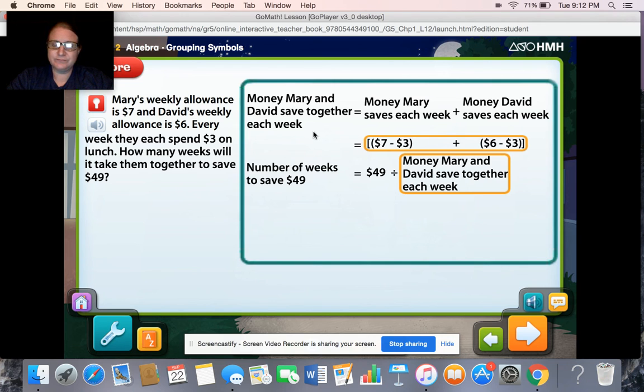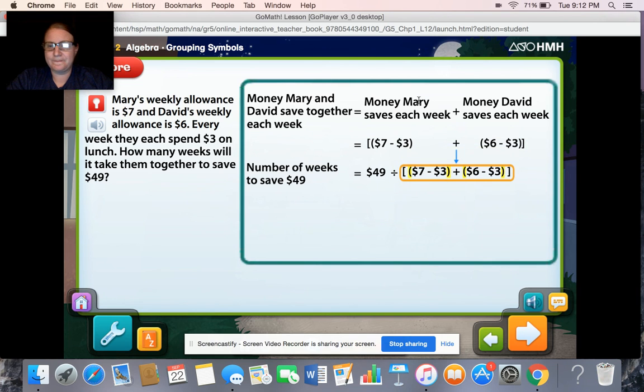You have an expression for the amount Mary and David save each week, and you can use that expression in the expression representing the number of weeks it takes to save $49. The parentheses separate Mary's weekly savings from David's. The brackets group the savings together, since the sum is the number that divides $49.